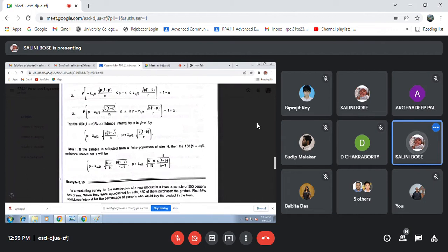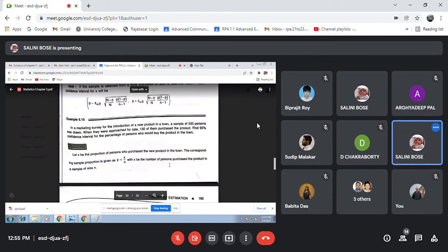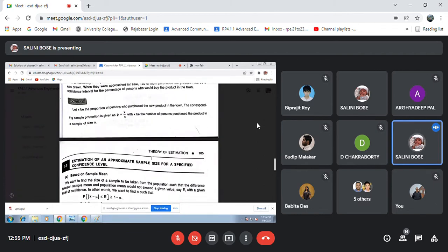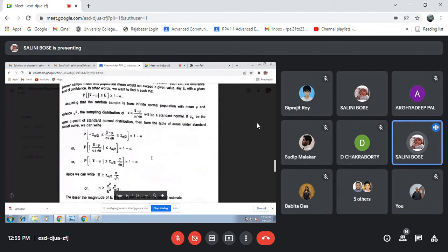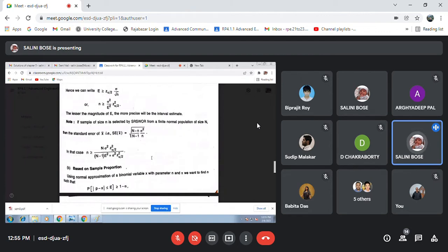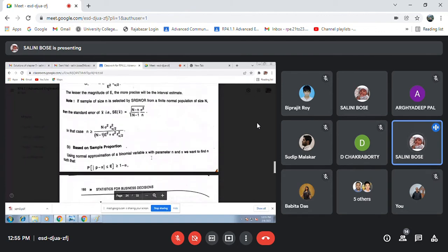And if your population size is known, you can write this modified equation in this way. And there are some examples done here. So you will see these examples at home.